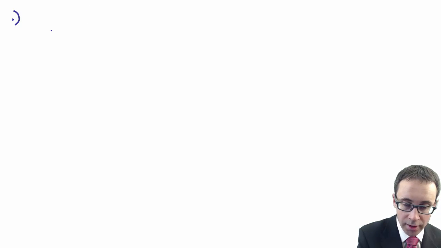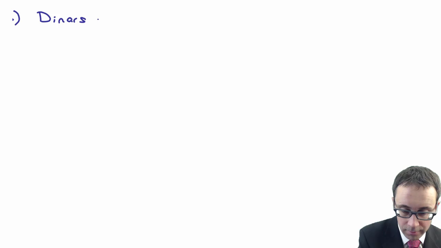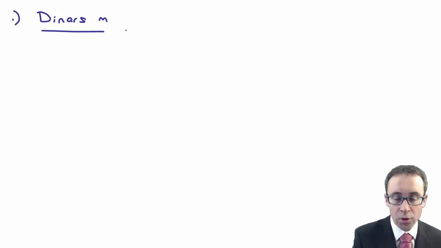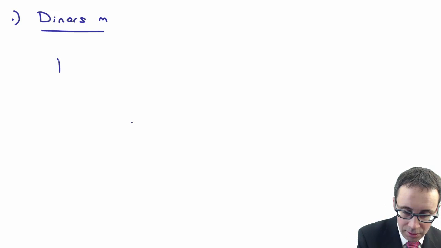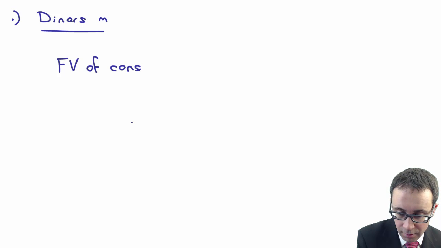Because remember, working 3 is your goodwill. The goodwill is in the overseas currency, isn't it? We calculate it in the functional currency of the subsidiary, and then we retranslate it at the closing rate. So we have the fair value of the consideration.